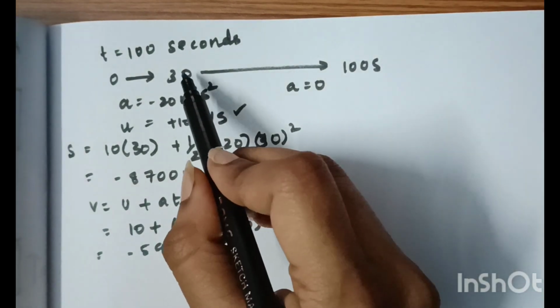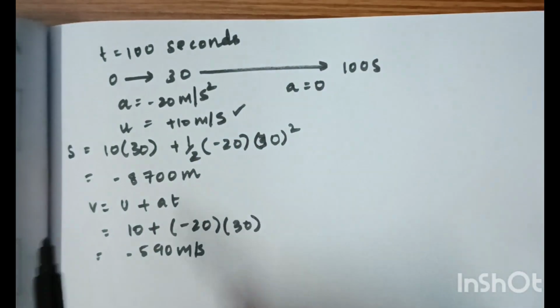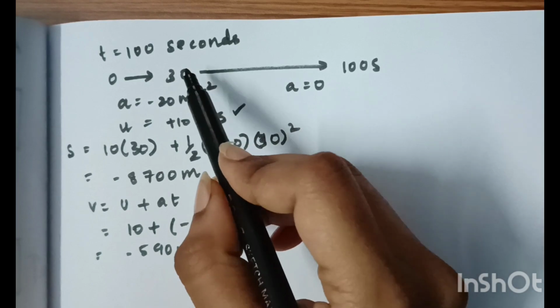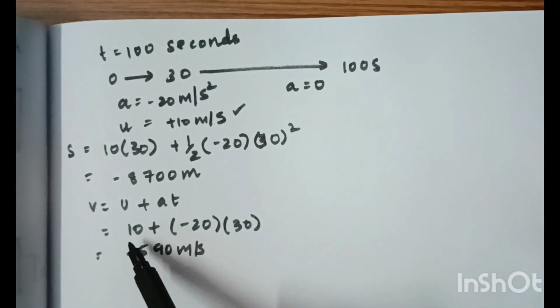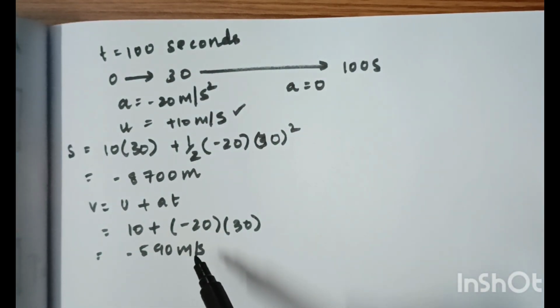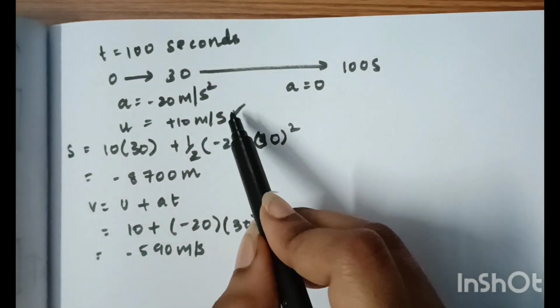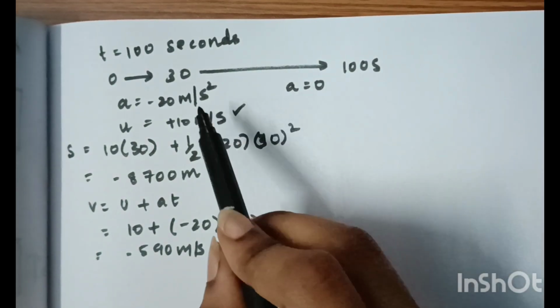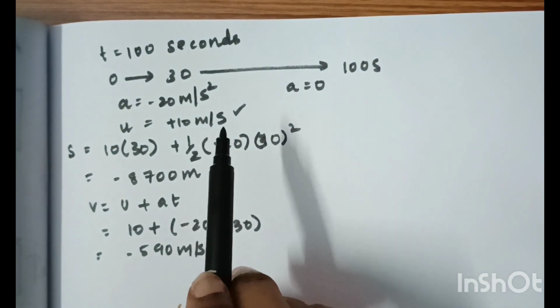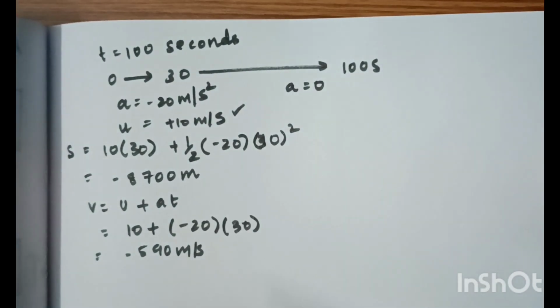So when it is at 30 seconds, it has a velocity of minus 590 meter per second, and it is not the same as 10 meter per second. Why? Because there was some acceleration. If acceleration is present, then we know velocity should be changing.